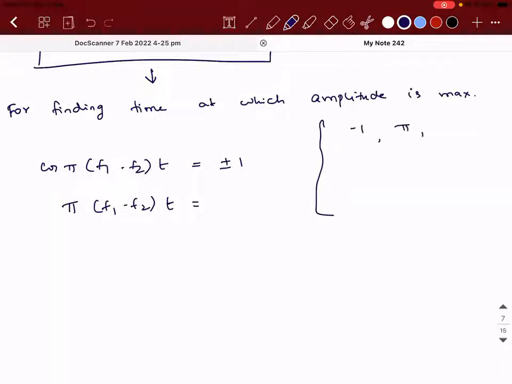Guys, you learned trigonometric equations or not? You know how to write the general solution? Yes or no? If not, I will teach you. If you know that cos theta equal to 0, theta is equal to (2n plus 1) into pi by 2, you know this or not?